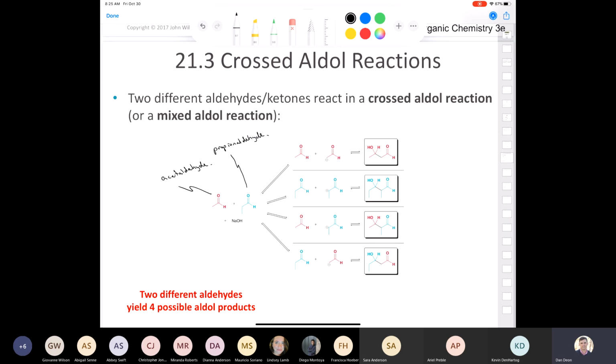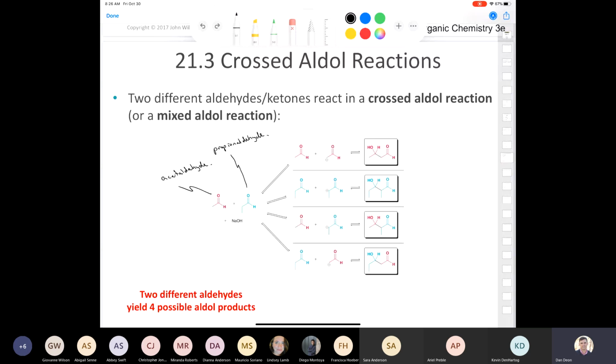Well, what if we took those two aldehydes and we mixed them together with some sodium hydroxide? Not only are we going to have both of those aldehydes in solution, we're going to have both of their enolates. We're going to have the acetaldehyde enolate, and the enolate of propionaldehyde. And so we're going to have four different species in solution, and we can end up making four different products.